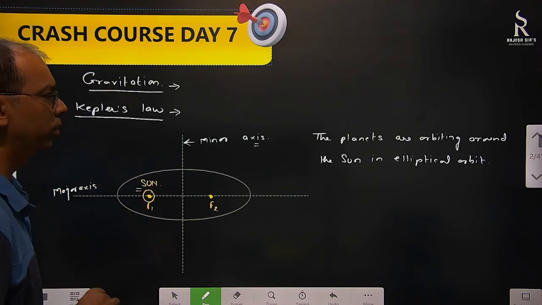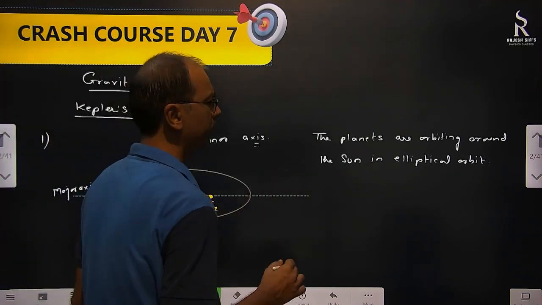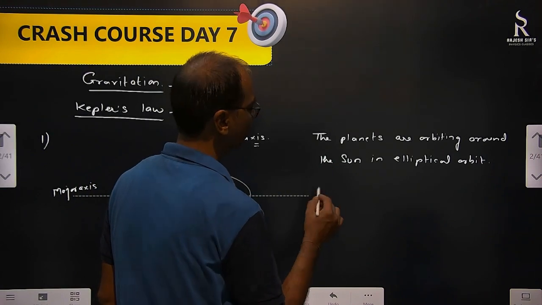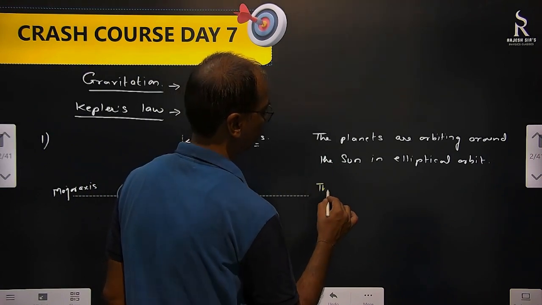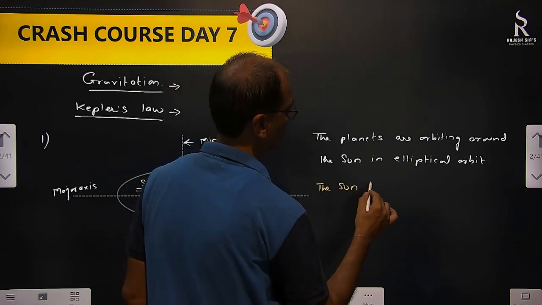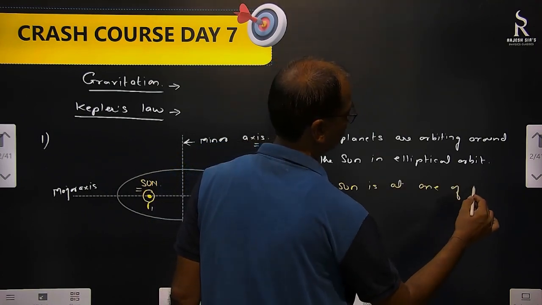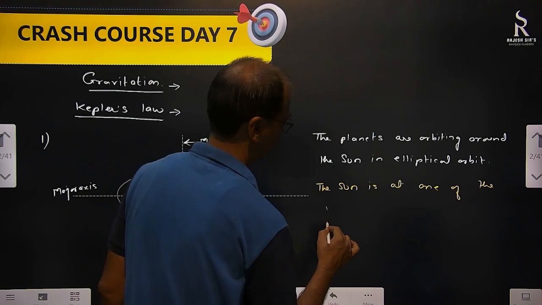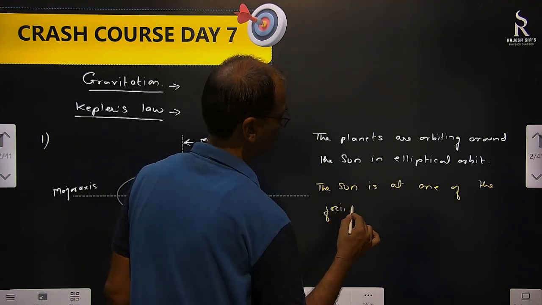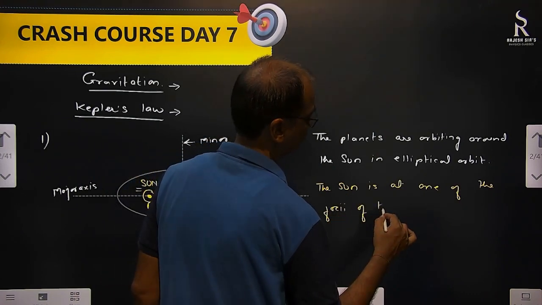So the second point: planets are orbiting around the sun in an elliptical orbit and the sun is at one of the foci of the ellipse.